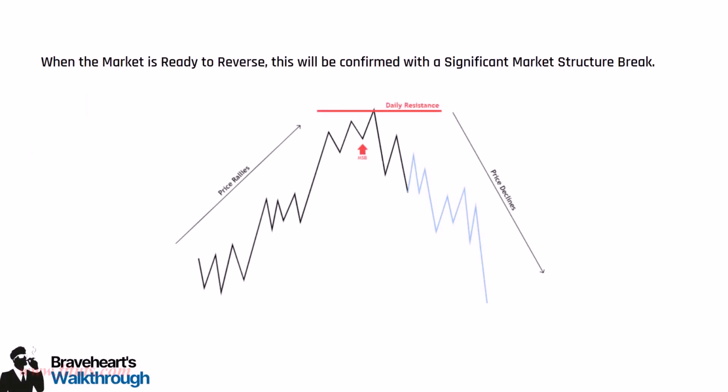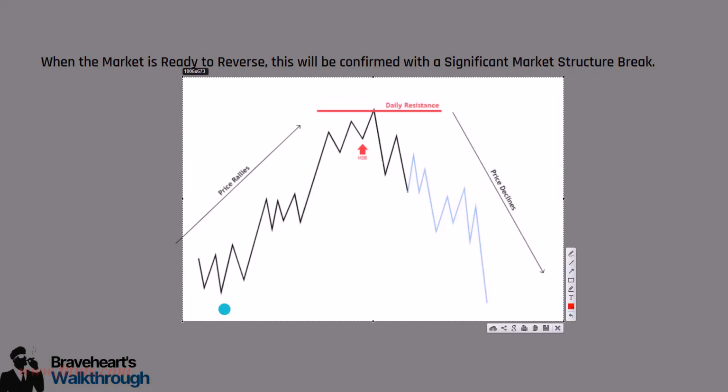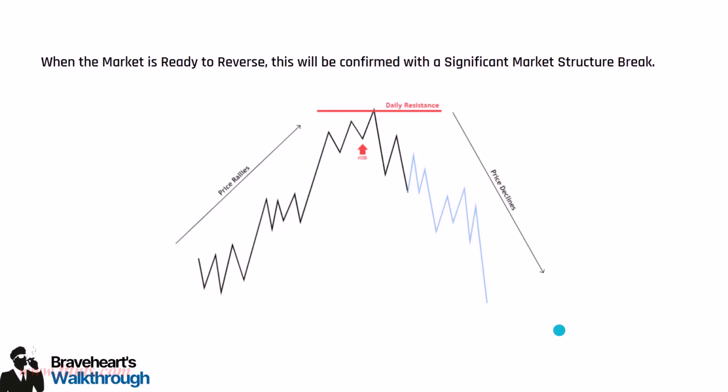When the market is ready to reverse, this will be confirmed with a significant market structure break. So since we're looking at a resistance level, price will rally into the resistance level, and when this bullish trend is ready to reverse into a bearish trend, we can confirm that it's ready to reverse with a significant market structure break.